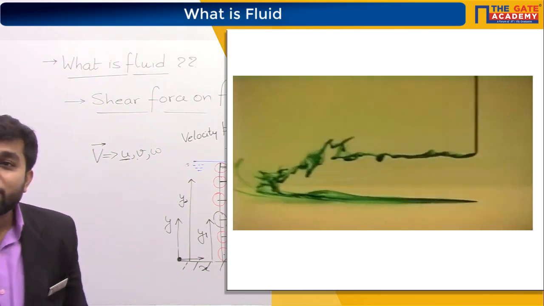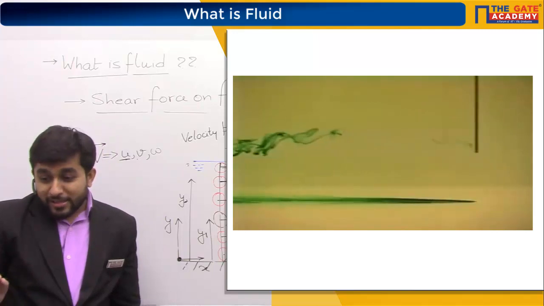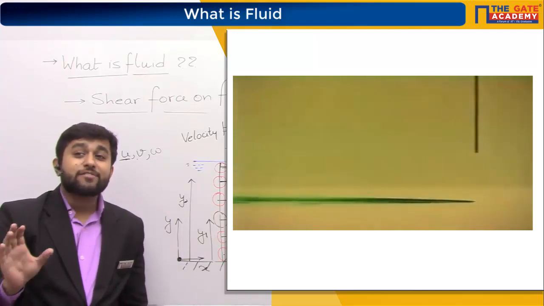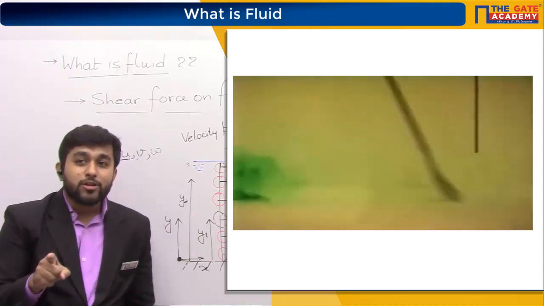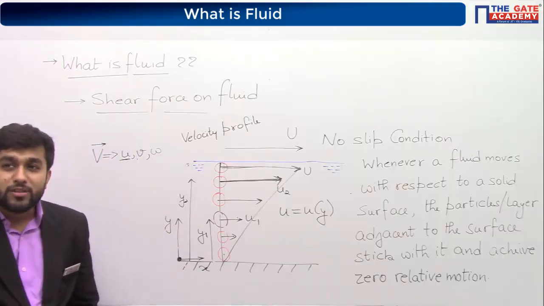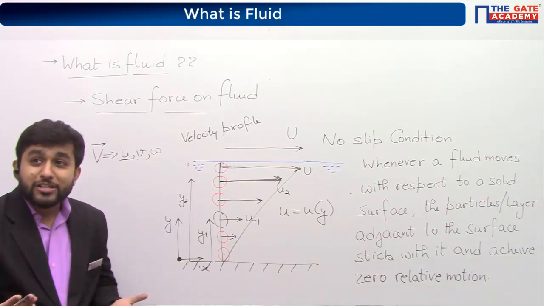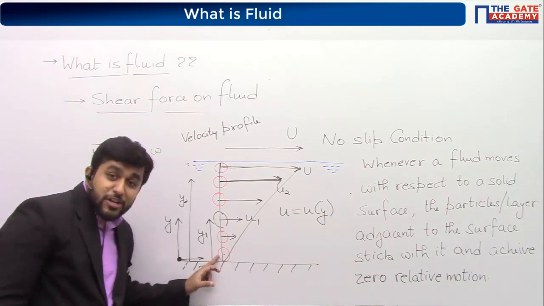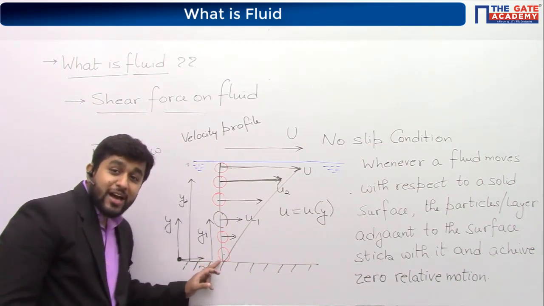Now have a look. If you consider the bottom, some dye particles are sticking with the ground. The dye particles which were inserted at the bottom are still sticking with the ground. They are not moving. Am I right? So there is some no slip condition. The particles which were inserted over here at the bottom got stuck with the ground and are at rest.